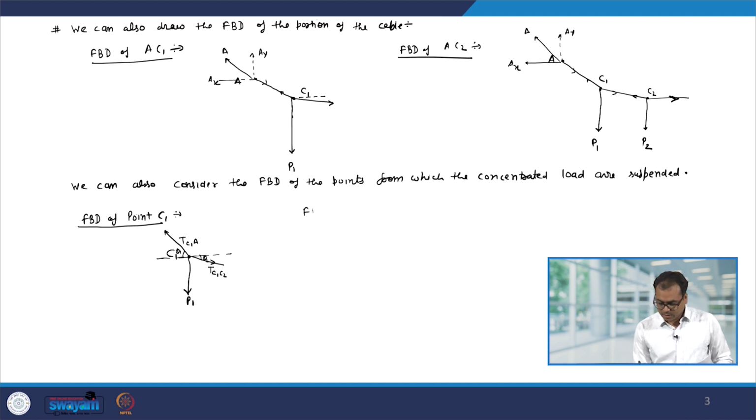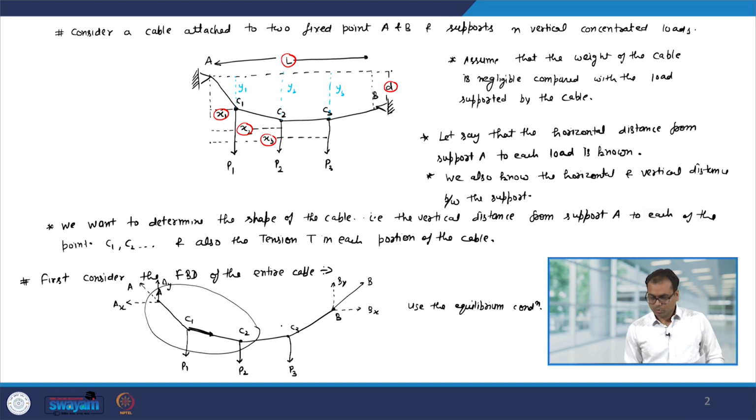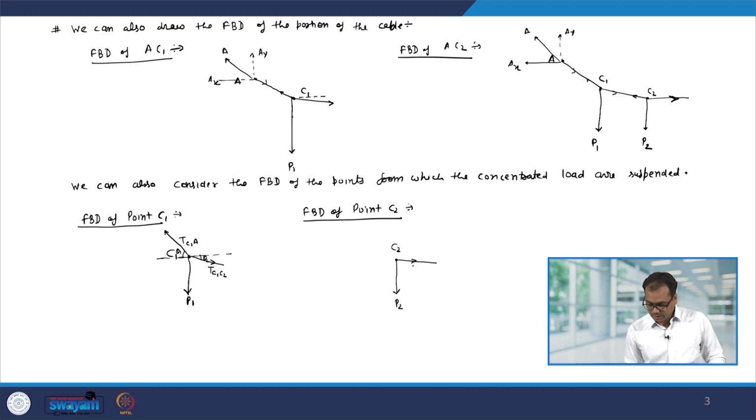Now, let us look at the free body diagram of point C2. So, let us consider point C2, and at point C2 we have an external force P2, and then there will be a tension force along point C2 to C3. So, it will be T from C2 to C3, and then you have a force along C1.